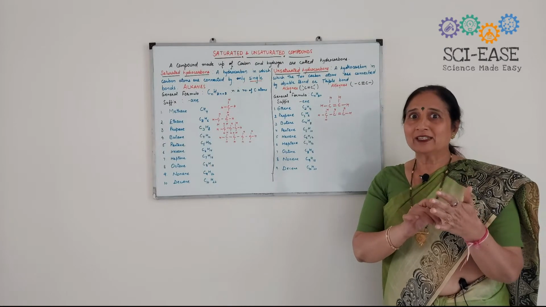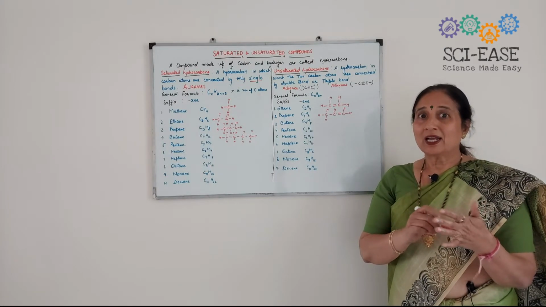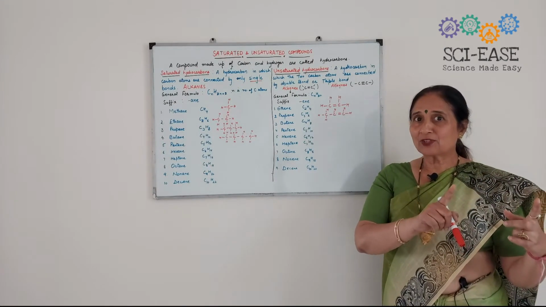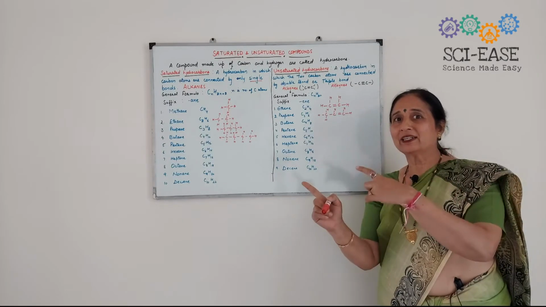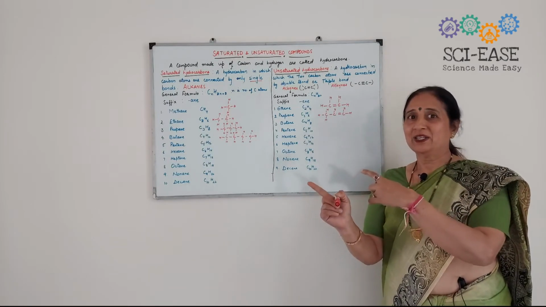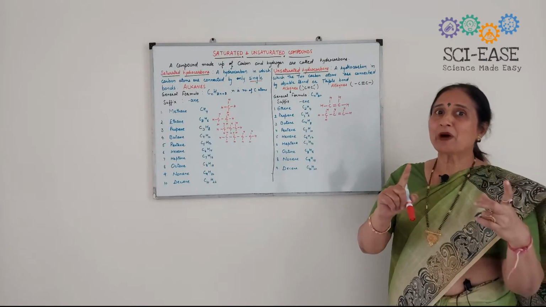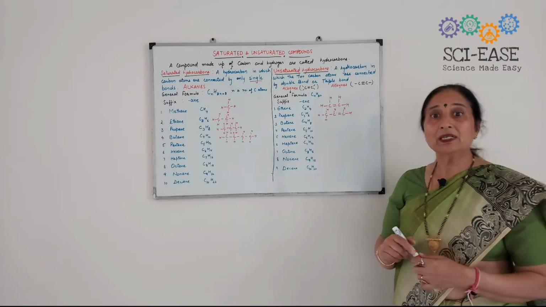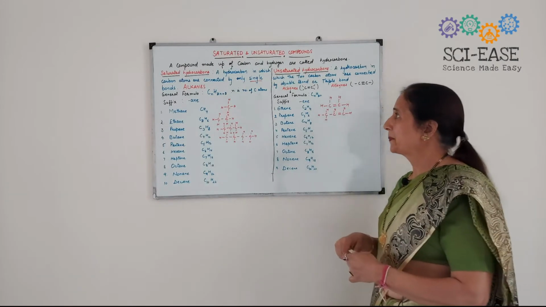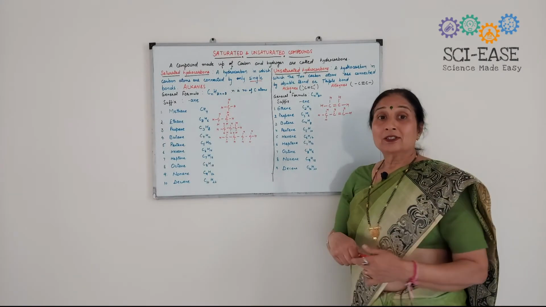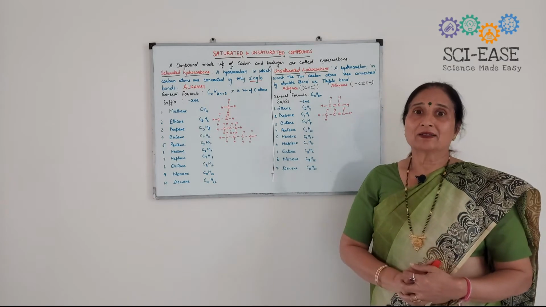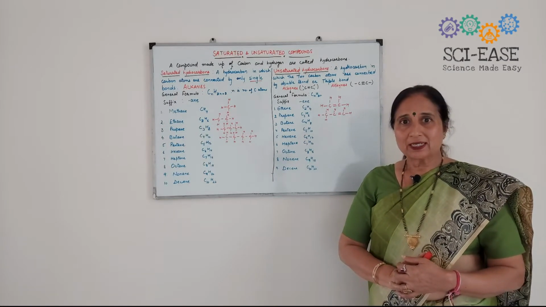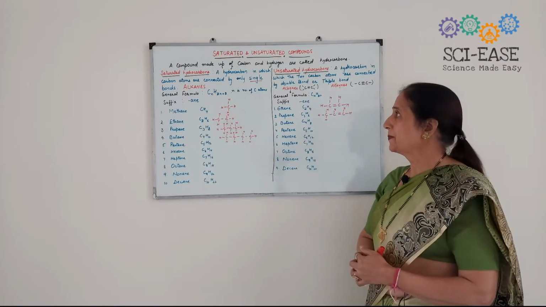I usually give this tip: single starts from S, saturated S. So, the saturated compounds have single bonds in between the carbon atoms. Alkanes are the saturated hydrocarbons.